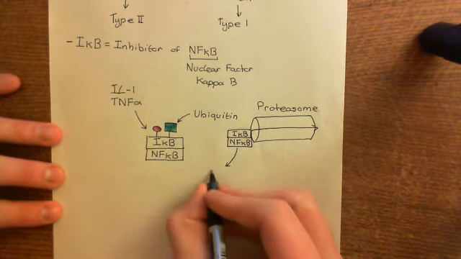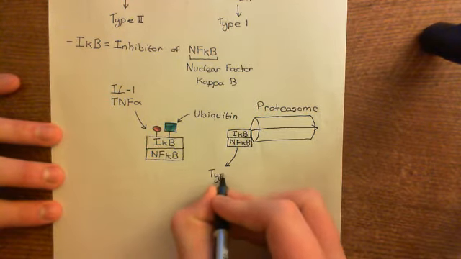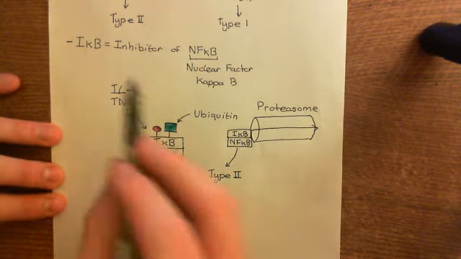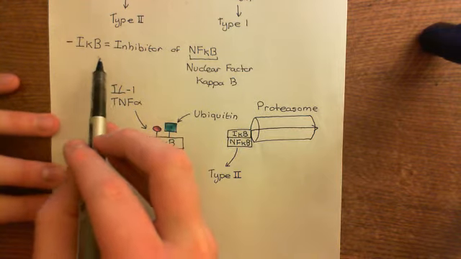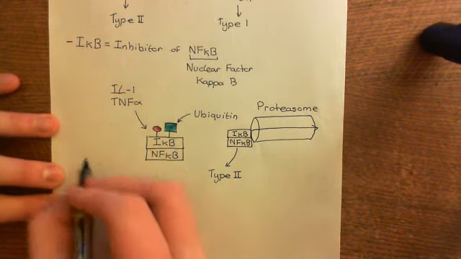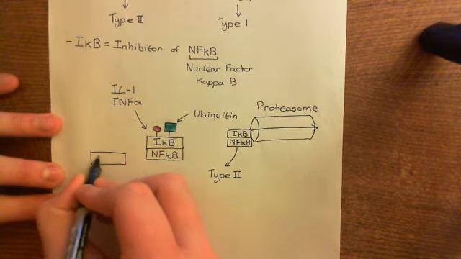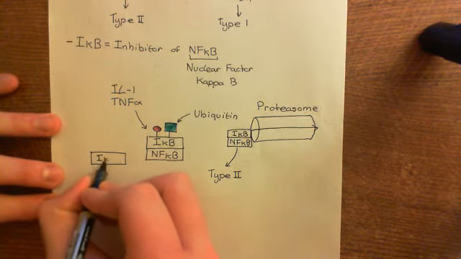activate type 2 activation. Now what these glucocorticoids are going to do is hugely increase your expression of the inhibitor of NF-kappa B, so that you have a huge amount of the inhibitor just sitting within the cytoplasm.